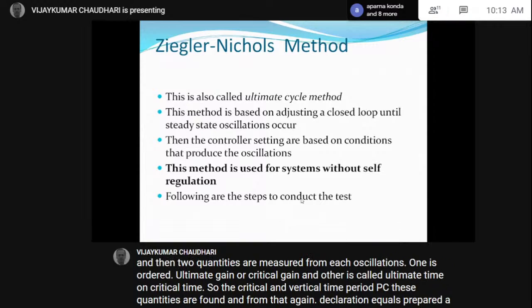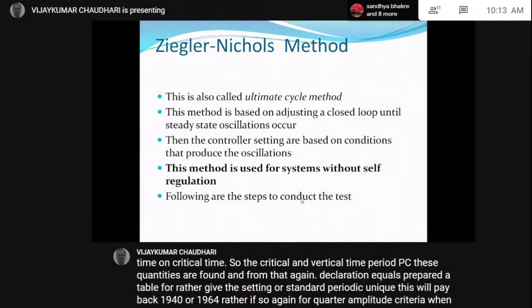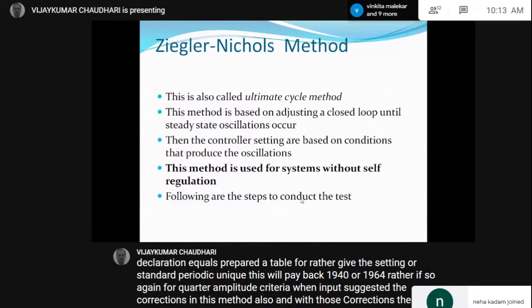This was way back in 1964. Again, for the quarter amplitude criterion, Cohen and Coon suggested corrections in this method also, and with those corrections, the method gives the PID controller parameter tuning for the quarter amplitude criterion.